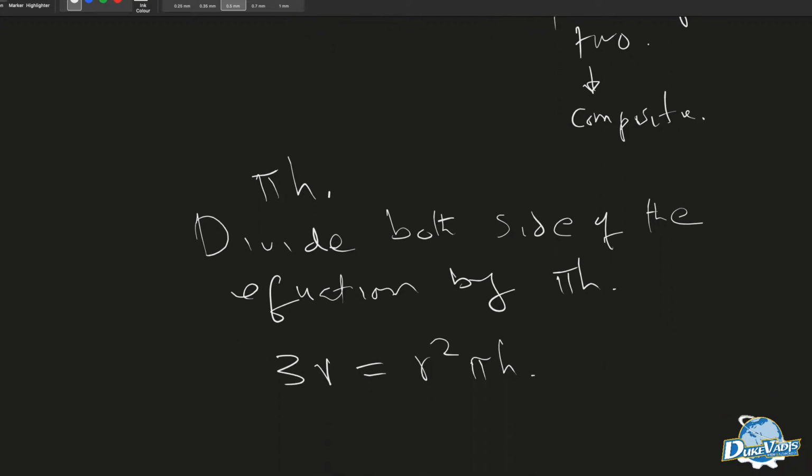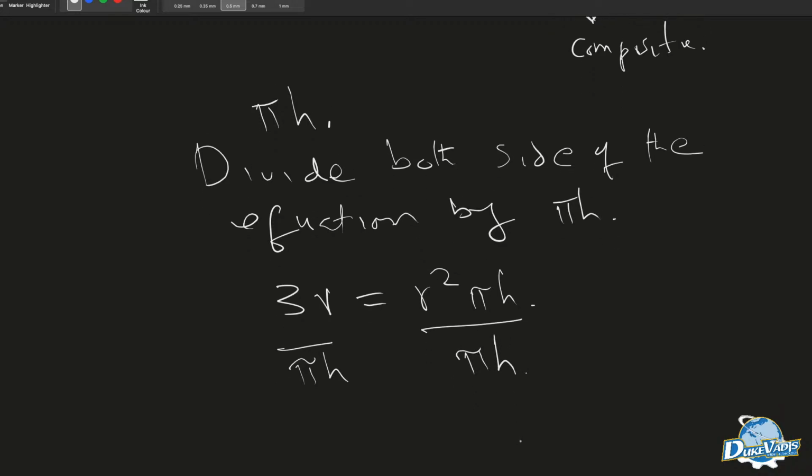So we divide both sides by pi h. We should remember that what we do to the left hand side, we do the same on the right. So we divide here by pi h and here by pi h. When we do that, you will see that the pi h's on the right are going to cancel each other. So this pi h will cancel this pi h.